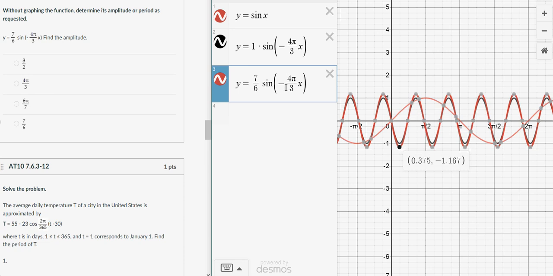This one, -4 pi over 3, is actually going to change the period. You can see previously for sine x, from 0 to 2 pi, that's one period.